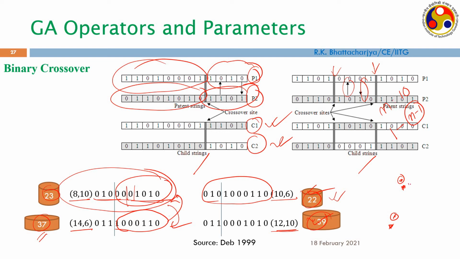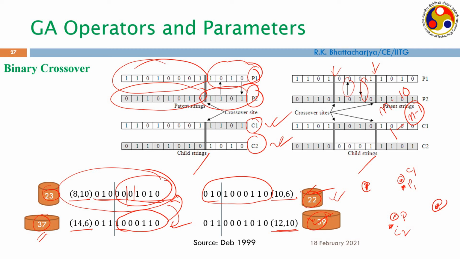So this is parent 1 and this is parent 2, and this is child 1 and child 2. You are not getting a solution somewhere far away, you are getting a solution near to the parent. Therefore the crossover is doing local search, locally searching near the parents, to see if there is any improvement locally.